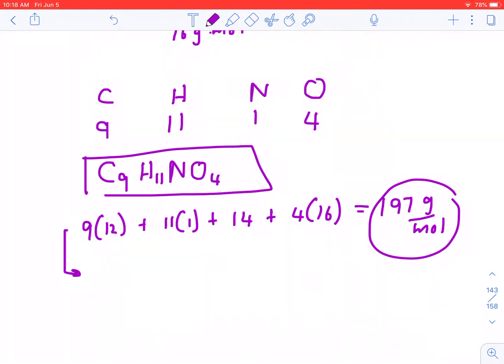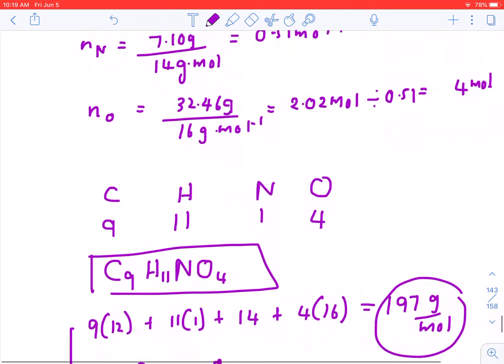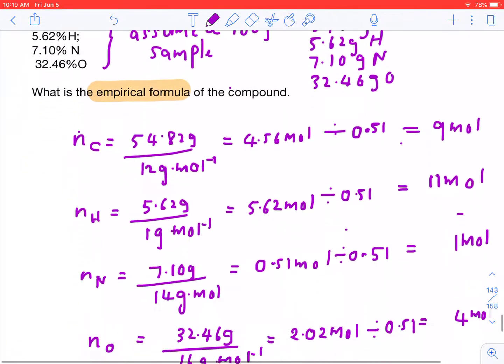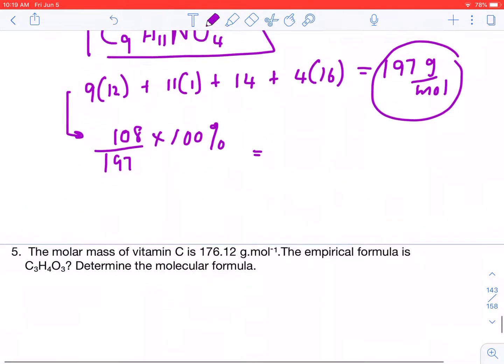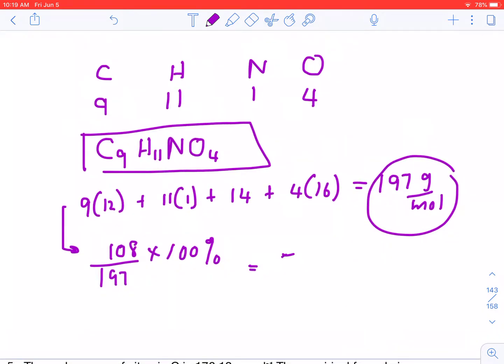You've got 9 times 12, so 108 grams of carbon, all upon the molar mass of the sample, which is 197, times 100%. It gives you 54.82%, which gives you an indication that your empirical formula seems to be on track.